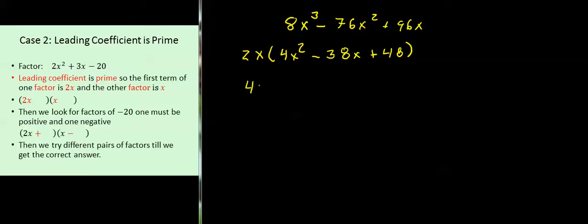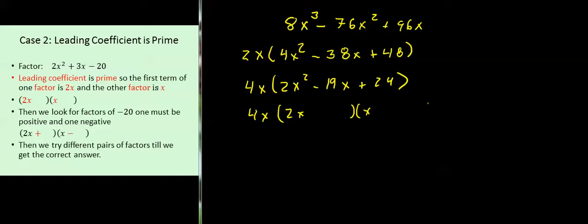This makes it 4. And then I have 2x squared minus 19x plus 24. And now I'm going to look at my pairs of factors. 4x. I know I have a 2x because it's prime, and an x. Because this is positive and this is negative, each one of these must be negative. A negative times a negative is positive.